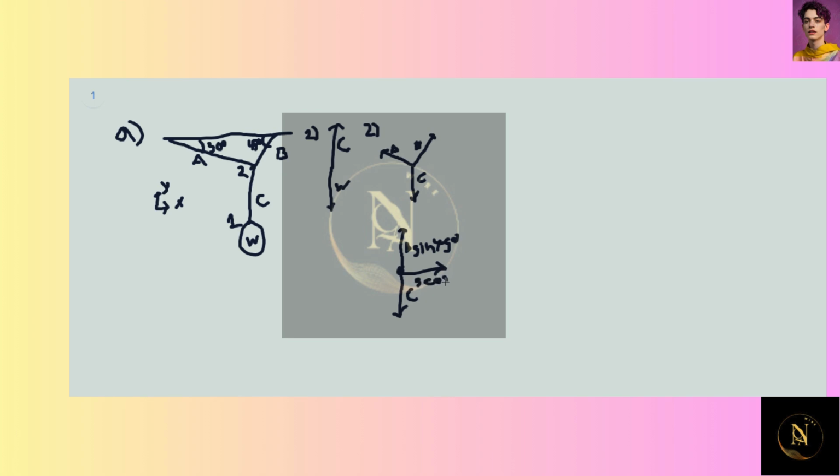We're going to do the same thing with cord A. The vertical component is A times the sine of 30 degrees, and the horizontal component is A times the cosine of 30 degrees.